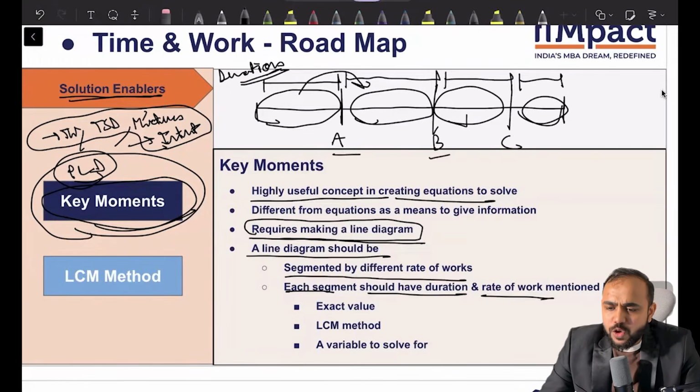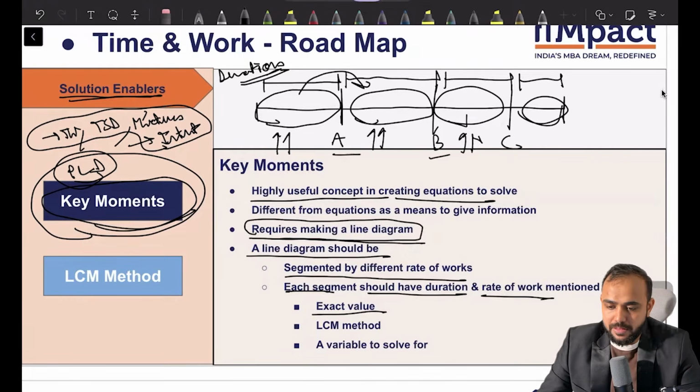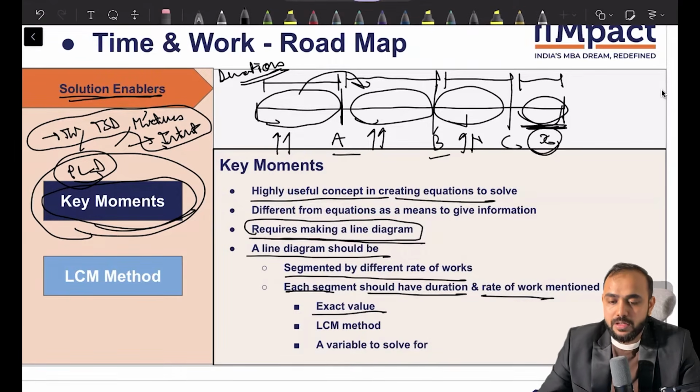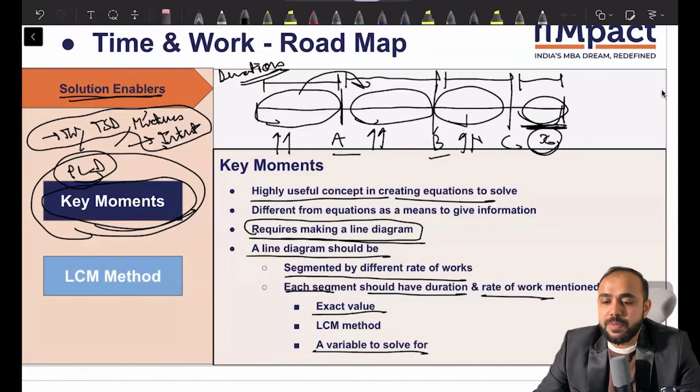Now, for the rate of work part, what will usually happen is that for some segments you would have exact values. For some segments, some or all, you might actually write the rate of work using your LCM method, which we will quickly come to. Or your answer, the thing that you're looking for, could be the rate of work. So that would be an unknown and it would be a variable that you are planning to solve for.